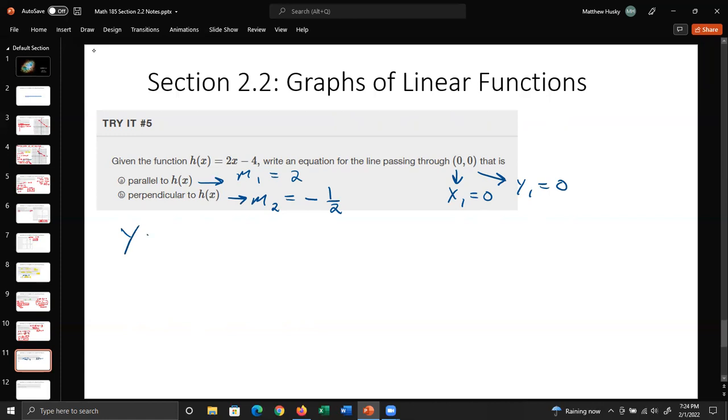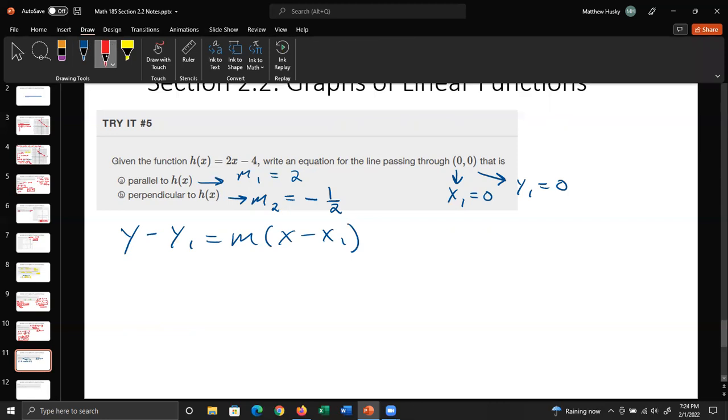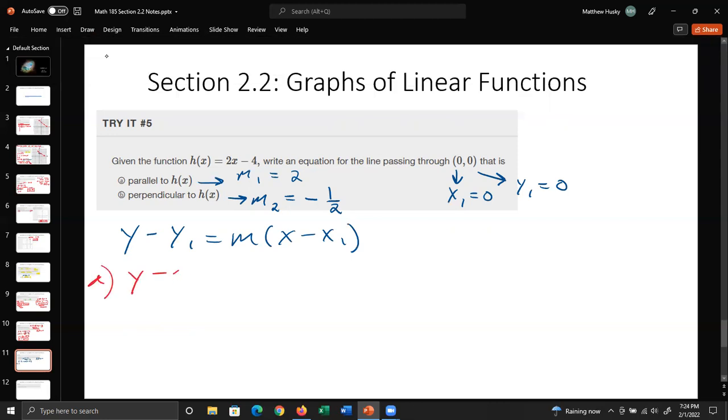And like before, the formula, know it, love it, use it all the time: y minus y1 equals m times (x minus x1). This is part A. We're going to do y minus 0 equals 2 times (x minus 0). The zeros aren't really going to do much, so this is just y equals 2x for the first one.